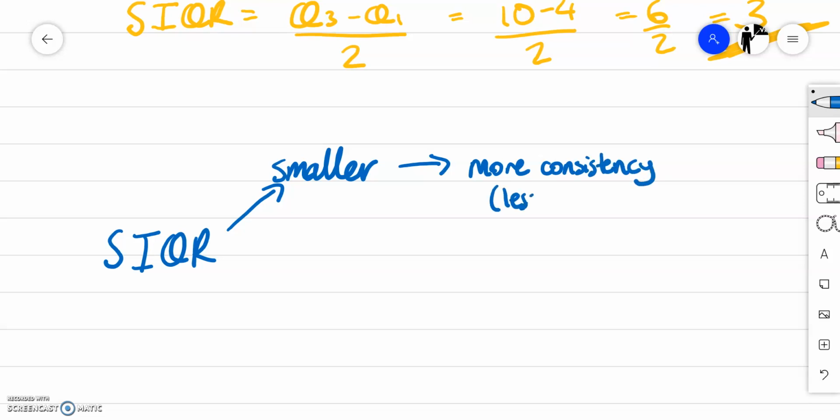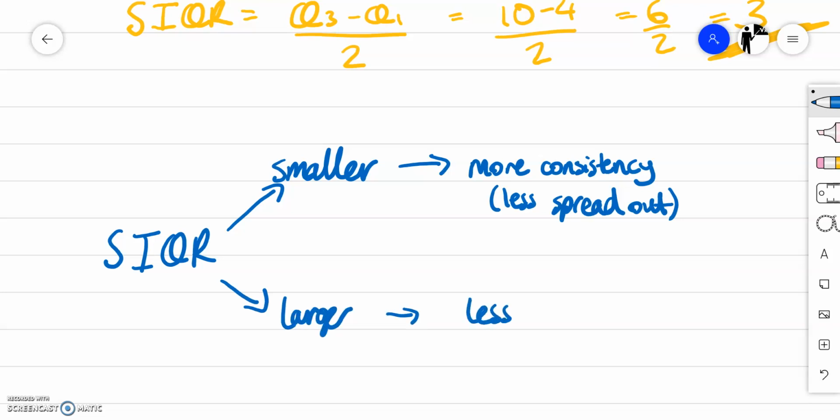Or another way you can say it is the numbers are less spread out. And if the semi-interquartile range was larger, we would say that they were less consistent, because they are more spread out.